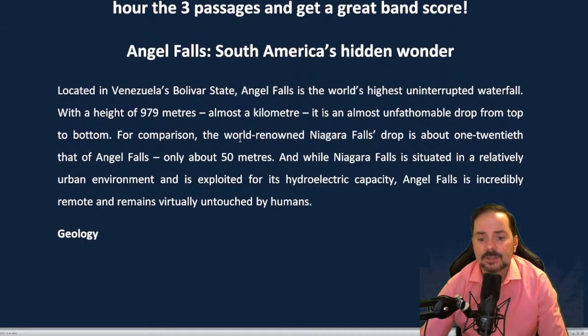For comparison, the world-renowned Niagara Falls drop is about 1/20th that of Angel Falls, only about 50 meters. And while Niagara Falls is situated in a relatively urban environment and is exploited for its hydroelectric capacity, Angel Falls is incredibly remote and remains virtually untouched by humans.